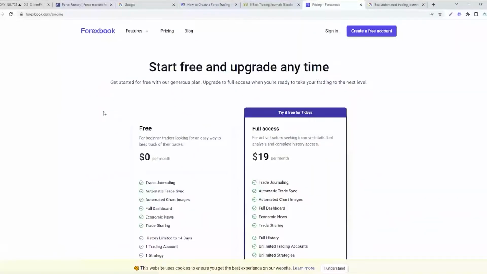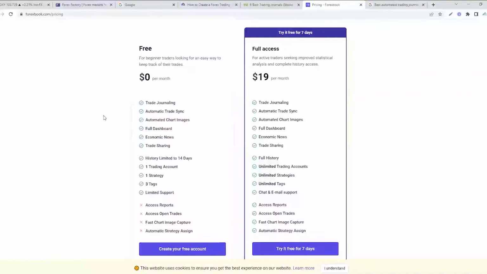Okay, so pricing wise, you've got a free version as well that has the following features. You can journal, automatic trade sync, full dashboard, economic news, trade sharing. History is limited to 14 days, and you don't have access to reports and fast chart image capture and whatnot.